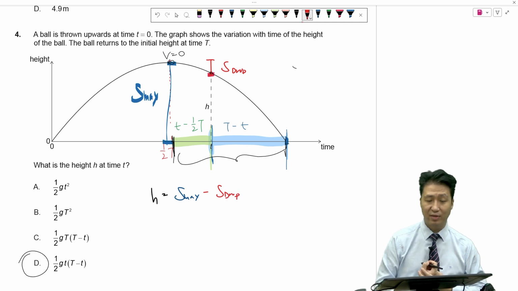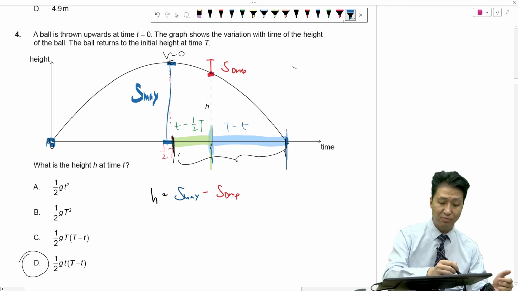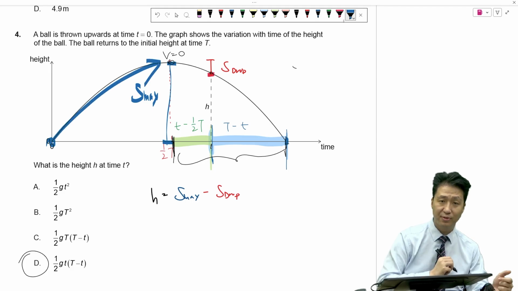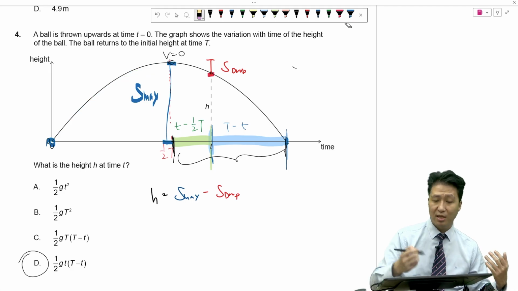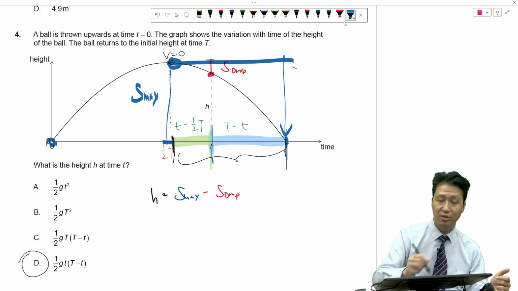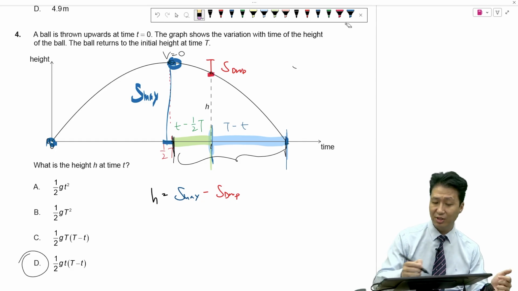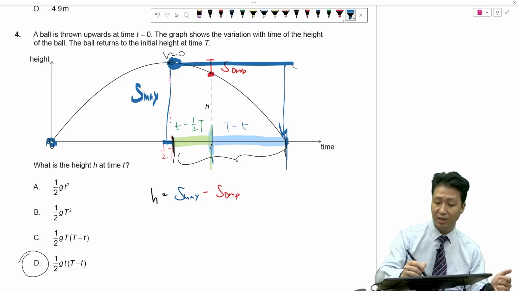So how do you get the maximum height? Well, you could try to find the displacement from 0 all the way up. But we can also find how far it drops when it goes from maximum all the way to 0. It's almost the same thing. It's just a little bit easier to find the distance dropped because the initial velocity is 0.